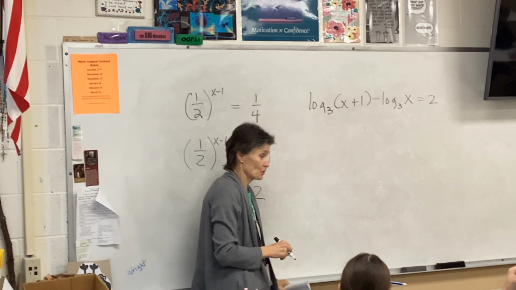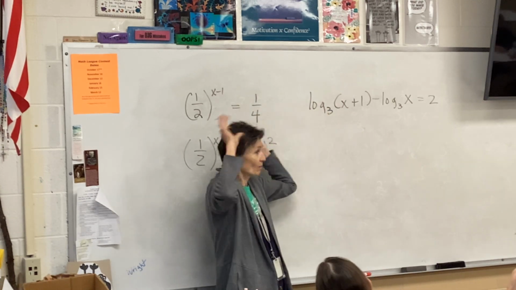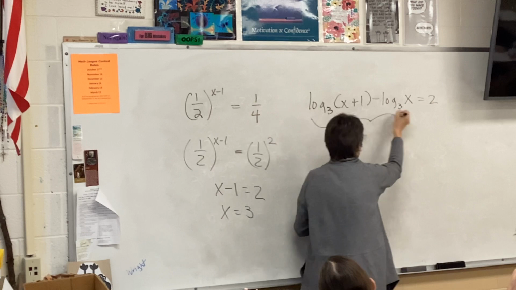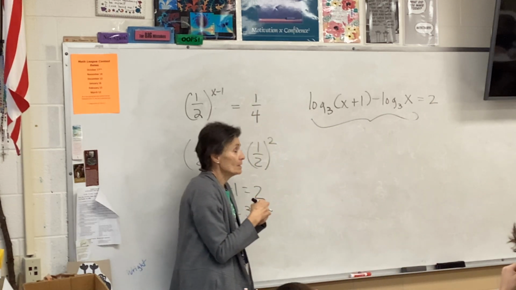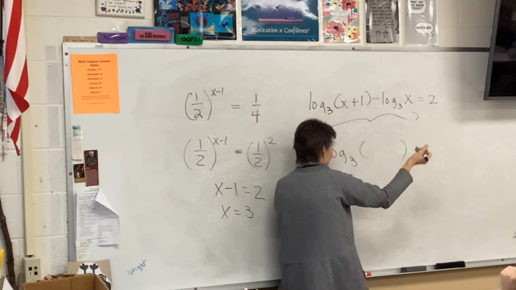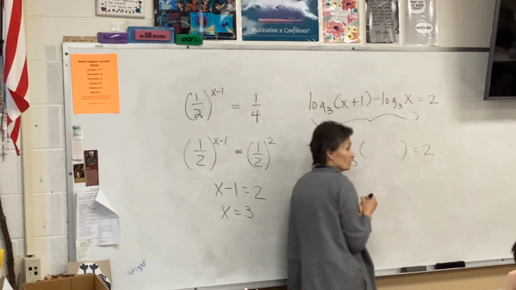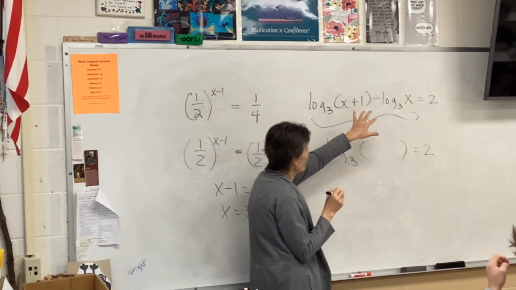Oh my gosh. We got all kinds of red flags flying here, folks. Can this happen? No, you gotta combine. You have to combine them. So this is gonna be log base 3 of something equals 2. Okay. Now, I'm gonna combine these.